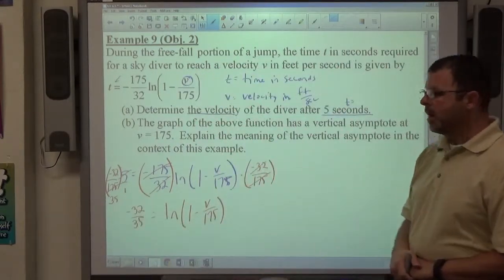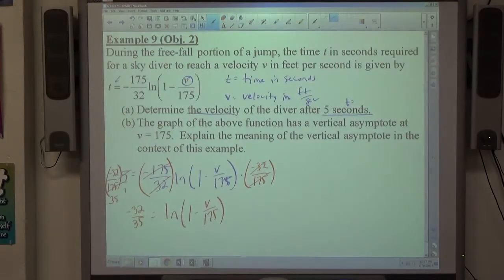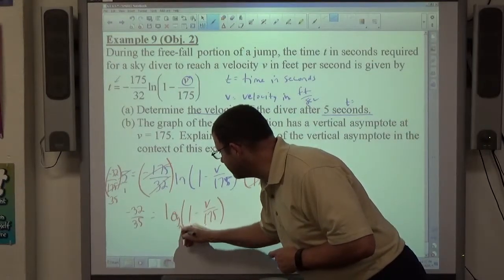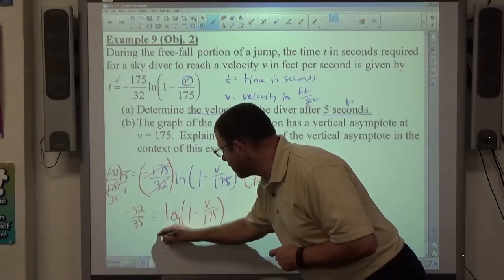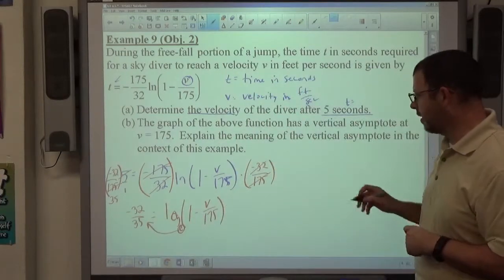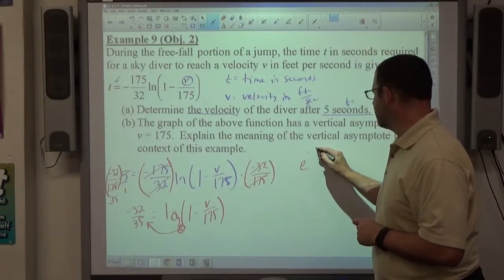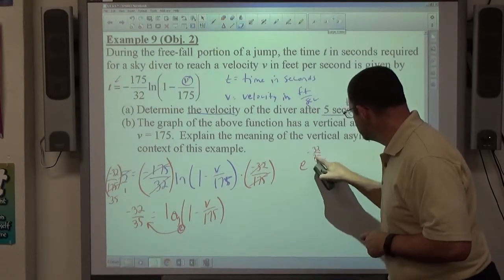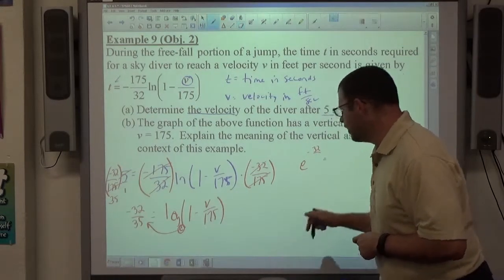And if ln of that expression equals negative 32 35ths, if I go logarithmic to exponential, ln is log base e, right? This base raised to that power equals that expression. So I know that e to the negative 32 35ths should equal 1 minus v over 175.